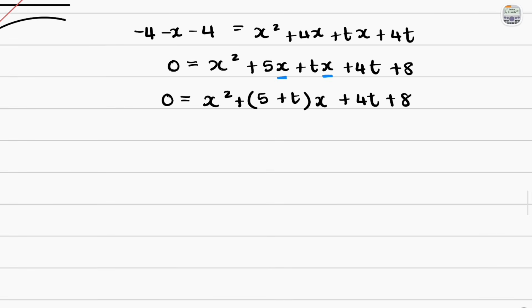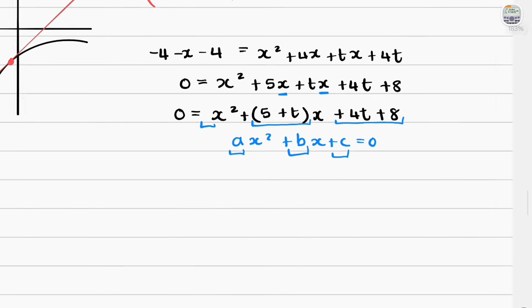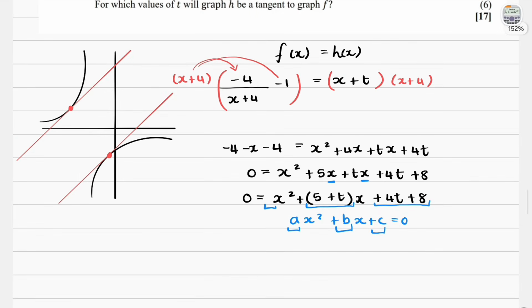So this is what we have, and it is in the form of ax squared plus bx plus c equals 0. Okay, a being 1, and we have b is the coefficient of x, which is 5 plus t, and then c is everything without the x, which is the 4t plus 8. So now we can use the discriminant.